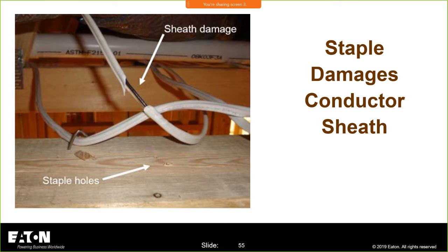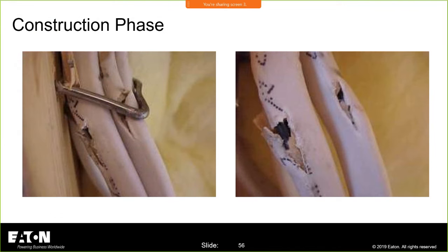He pulled out the staple, which cut the conductor. When you see stuff like this, you start poking your head around, and you start to realize that I could have a little bit more of an issue than I thought. So the order of construction is really important. But then even as an electrical professional, the goal in putting staples in is to hit the staple, right?